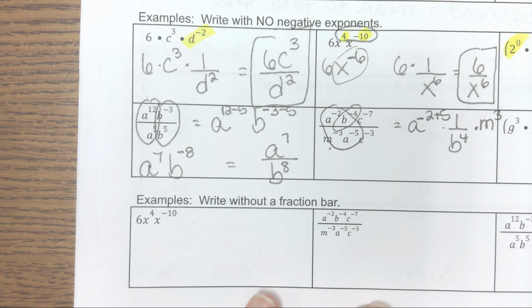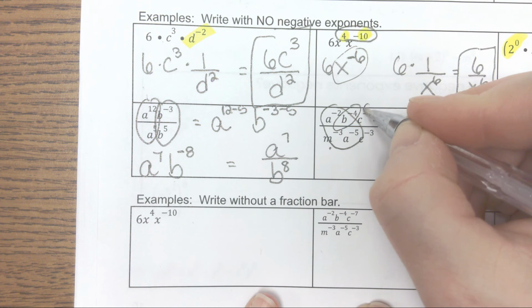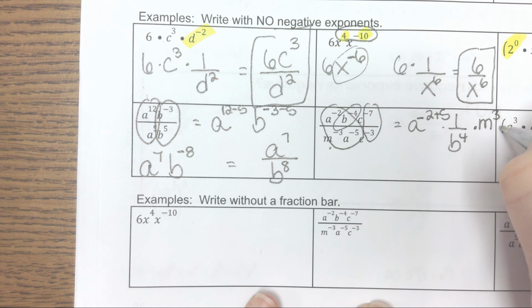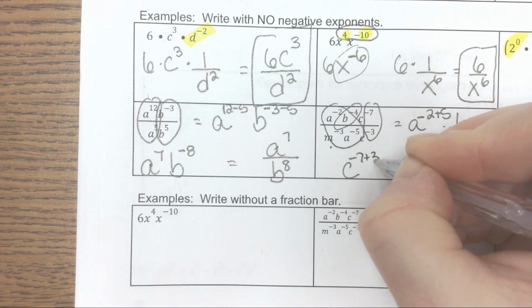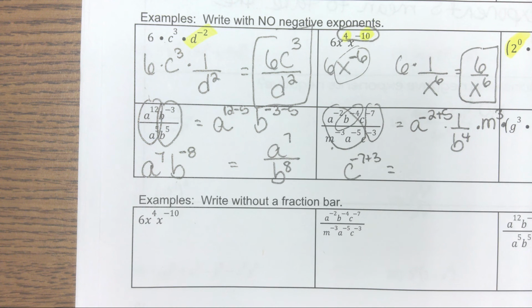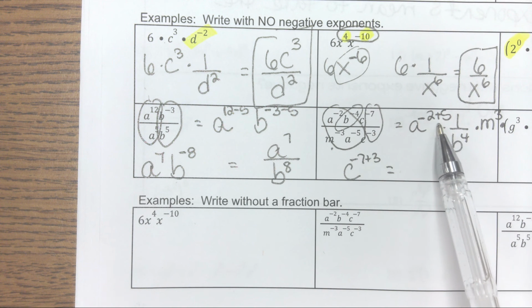Let's see, I addressed the a's, I addressed the b's. Ooh, let's do the c's. And then that's times, I'm going to scoot it over here, c to the negative 7 plus 3. All right, you guys tell me, a to the negative 2 plus 5, is that positive or negative? Negative 2 plus 5, is it a positive or negative 3? Positive 3.